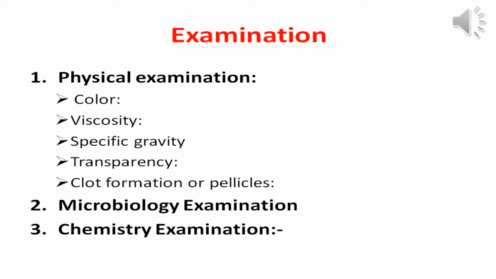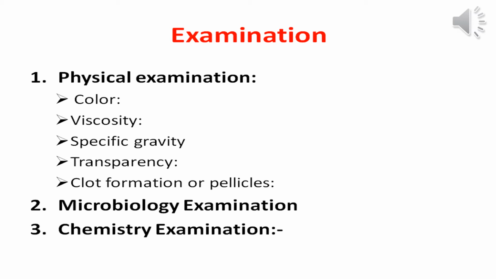Clot formation or pellicle is an indication of the presence of fibrinogen, in the case of Mycobacterium tuberculosis. If the meningitis is caused by Mycobacterium tuberculosis, you can make the acid fast stain from the pellicle. If you remember, we took tube number 4 and placed it at room temperature for 30 minutes, or you can place it in the refrigerator for 12 up to 24 hours.